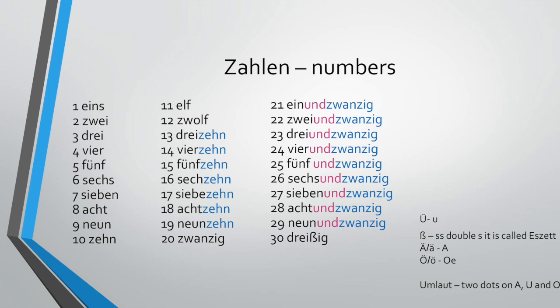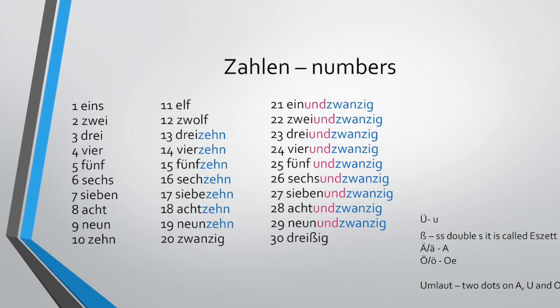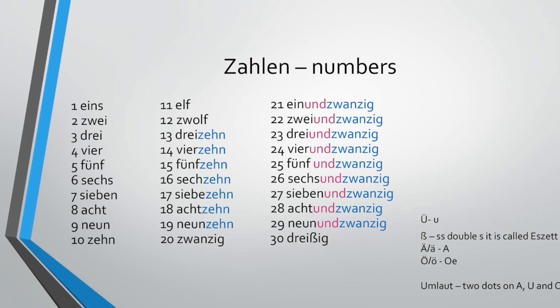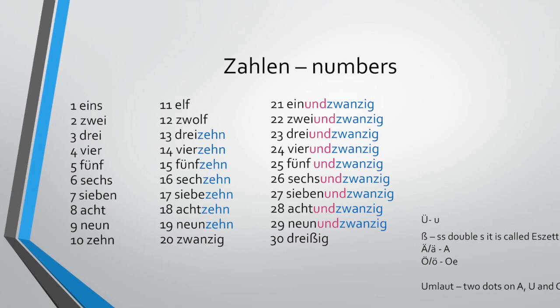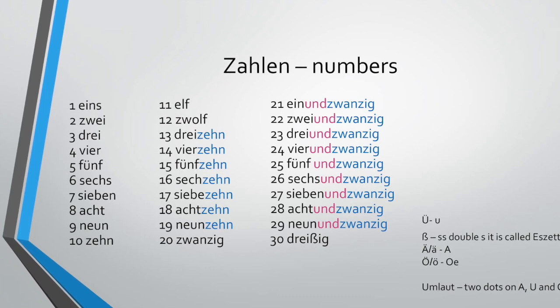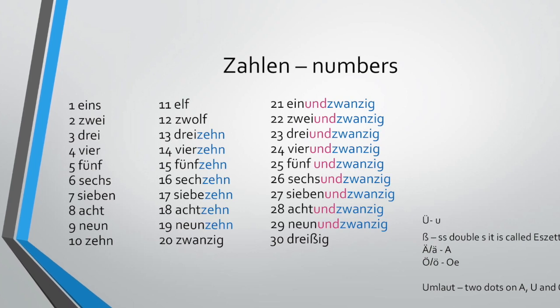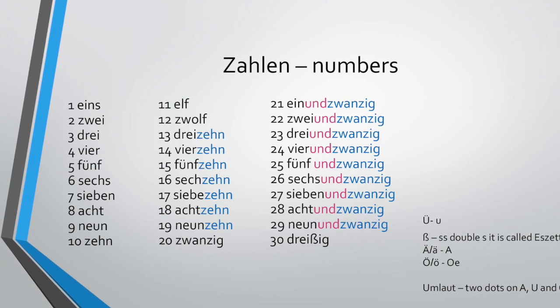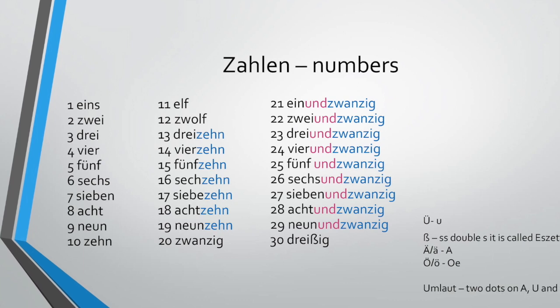Now, numbers. Zahlen. Numbers in German are very easy. You have to just learn till 12 and then you are done. So I'll tell you the trick. Okay. So 1 is eins, 2, 3, 4, 5, 6, 7, 8, 9, 10, 11, 12.